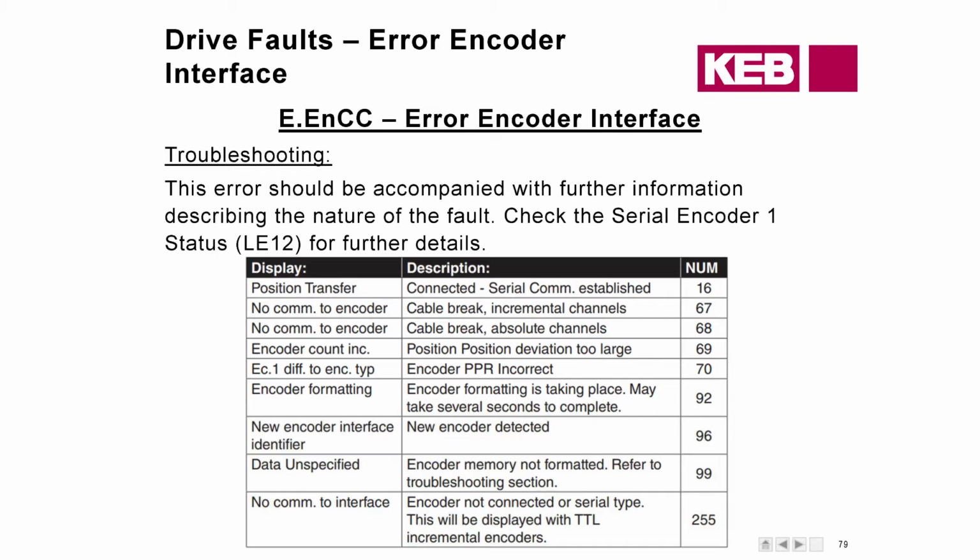If you order an encoder card, you notice it comes in that box with the black foam. That's to protect against ESD. But for whatever reason, either when installing the card, there was just enough of a shock to cause that. So I have seen that. Likely, when you get the no comm to interface, that's what that means.